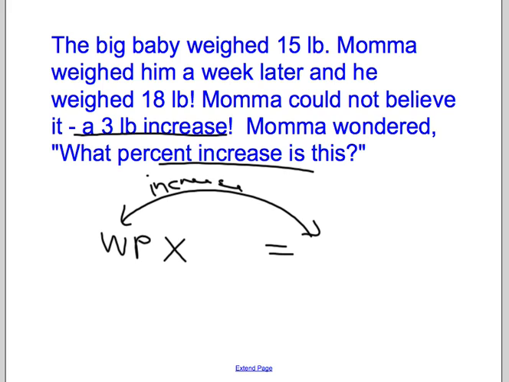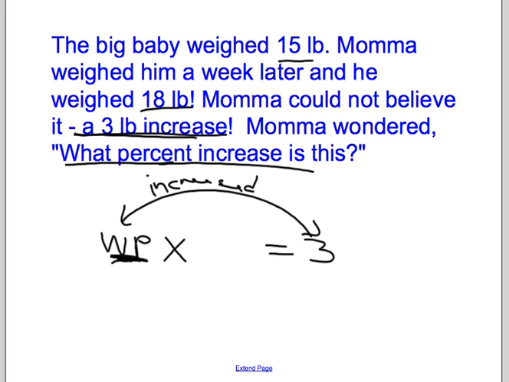So since we're looking for what percent increase here, in this location here, then we need the increased value. The increased value is not 15, it's not 18, those are actual weights. The increased part is 3, so 3 pounds. So the 3 goes opposite because that's the increased value.